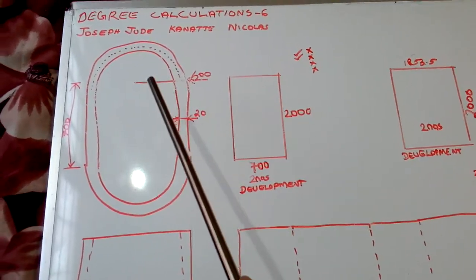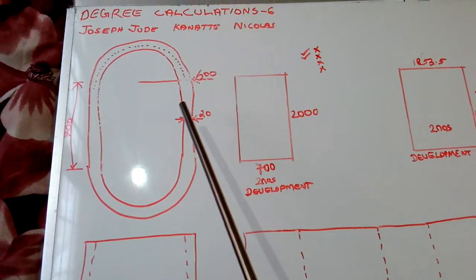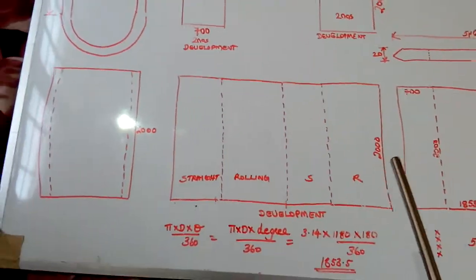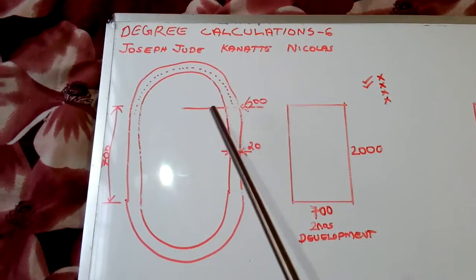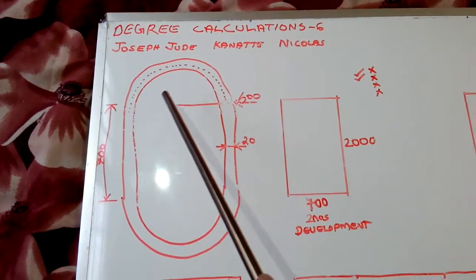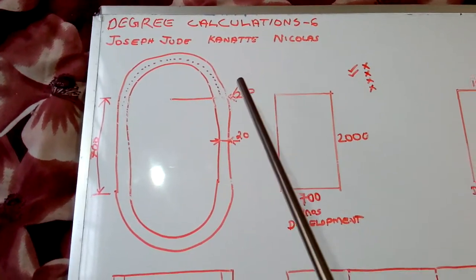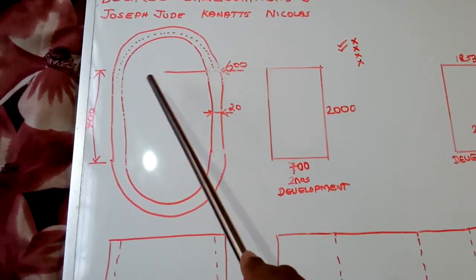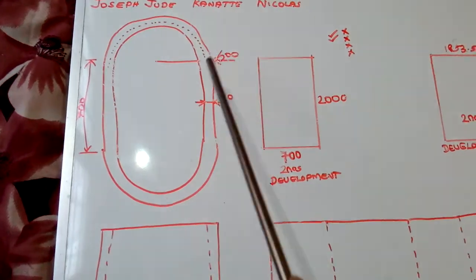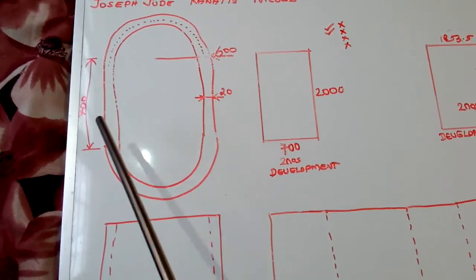So we have to recognize how many times big it is. If this degree is 2 times big, we have to use that. We have to recognize this total perimeter will become 2 times big.